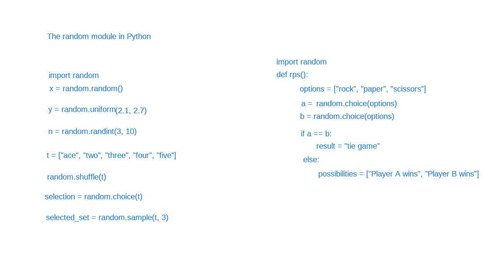Two possibilities are that player A wins or that player B wins. So let's work through these options then.